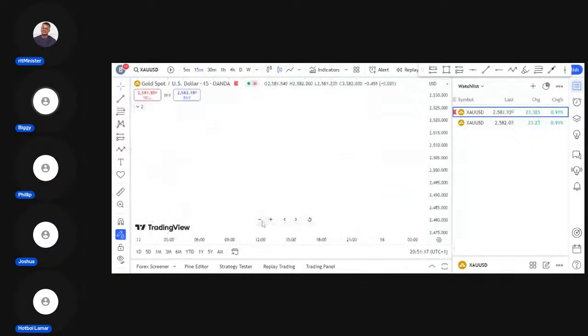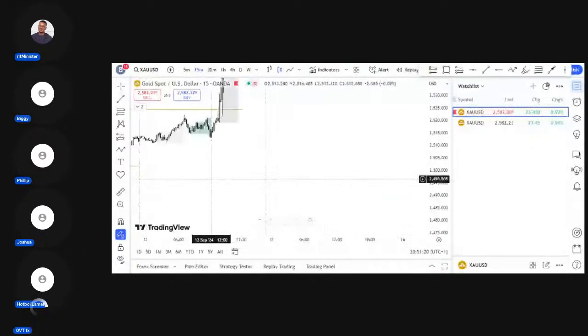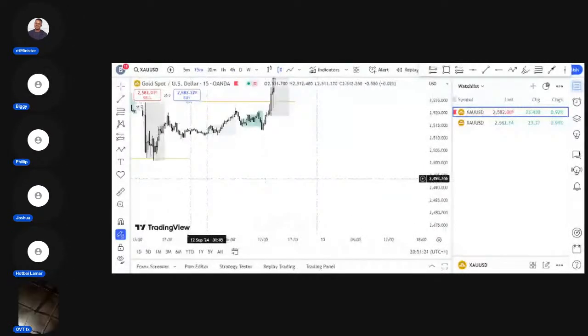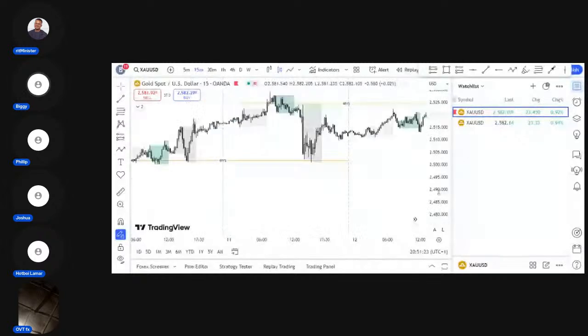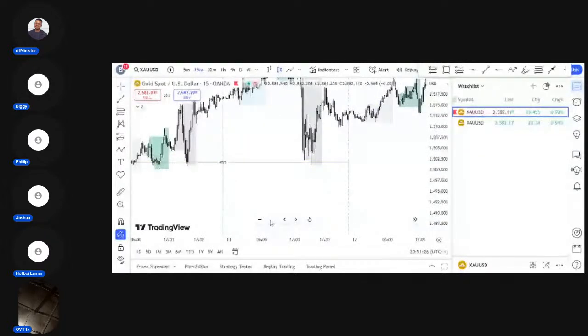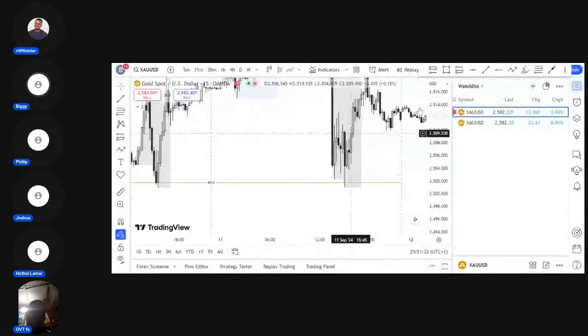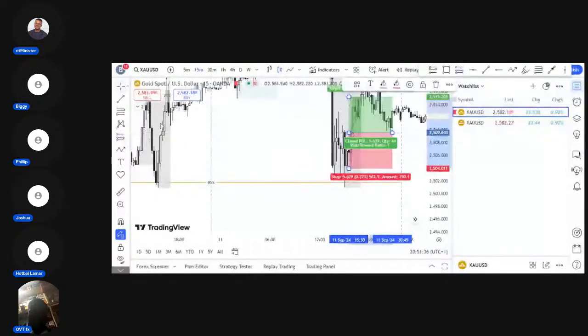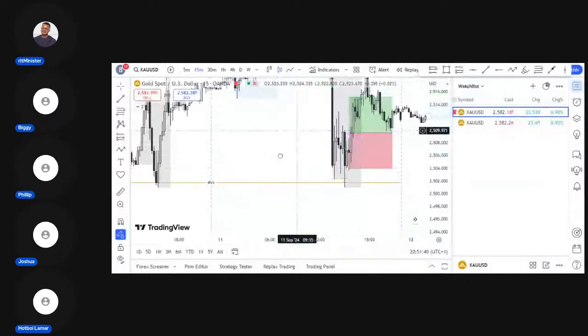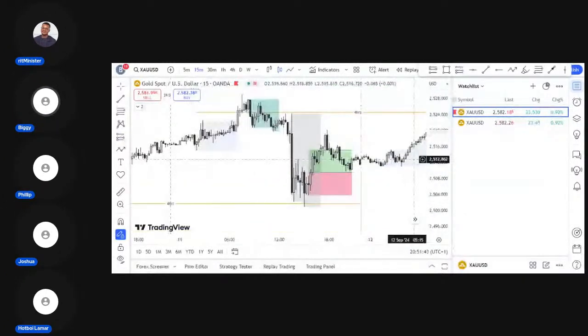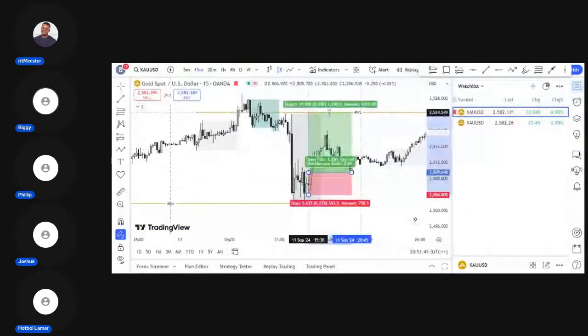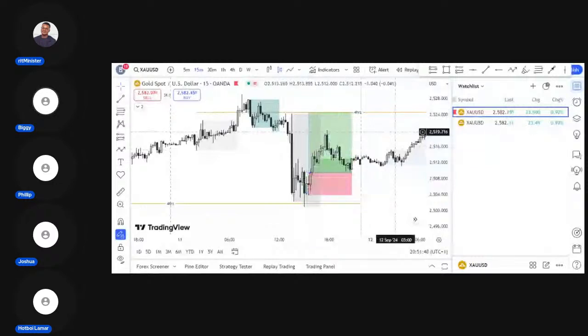So just imagine that I go on the 15 minutes time frame and I probably see an entry at this point here, for example, and then my stop loss probably below here. Where I'm ultimately targeting is this 4 hour zone here, this point. Yes, this is the point I'm targeting.